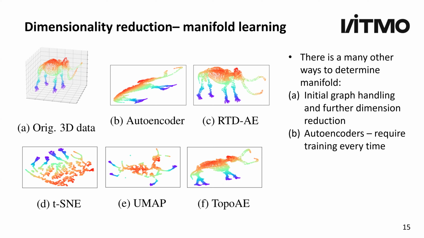But it's still a preliminary step when you are trying to get another feature space to feed into your neural network. So it's a starting point, the initial data transform.